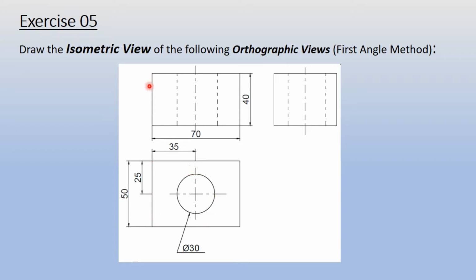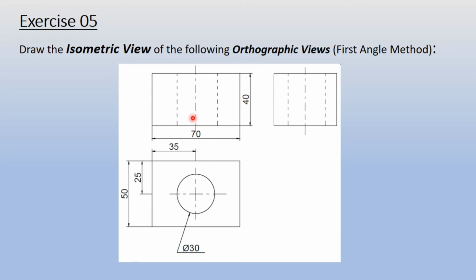That will mean that this is going to be a box. Why? Because if I take this rectangle and place it above the front view, and this portion in the left hand side of this front view, it will become easy for me to imagine this as a block. So this is a simple case of a rectangular block.